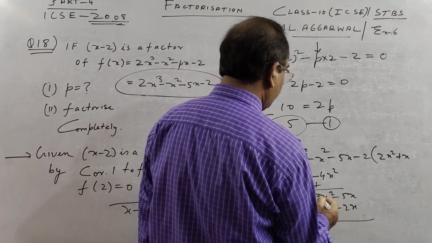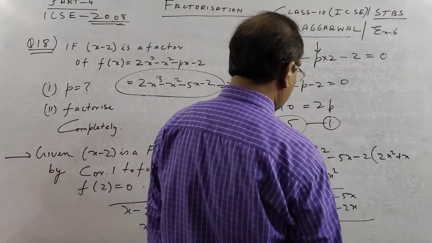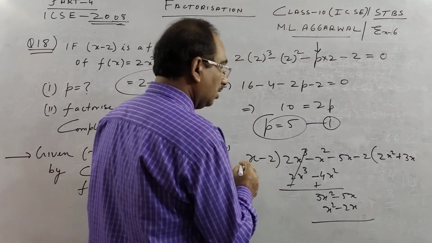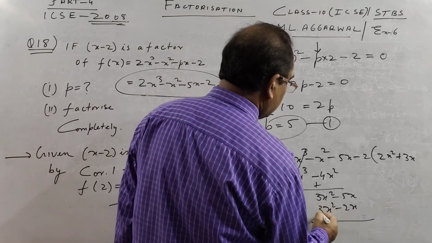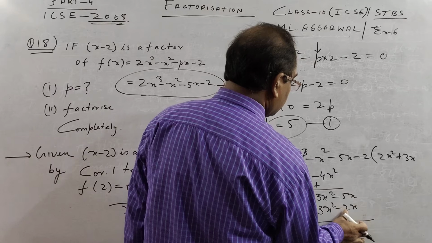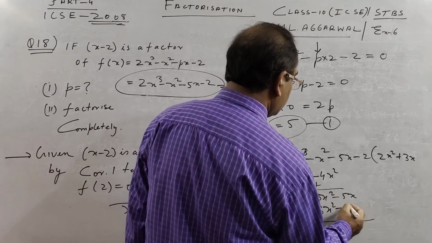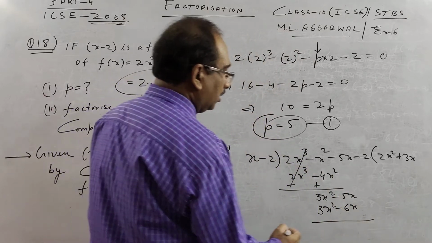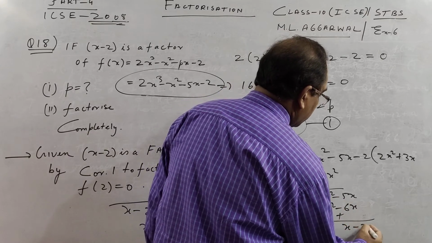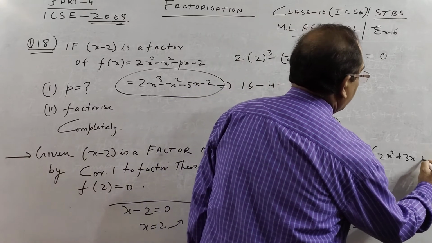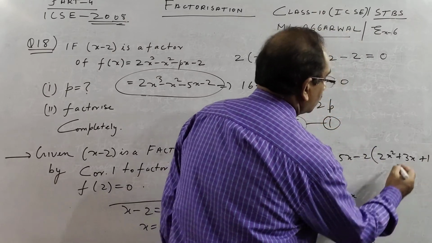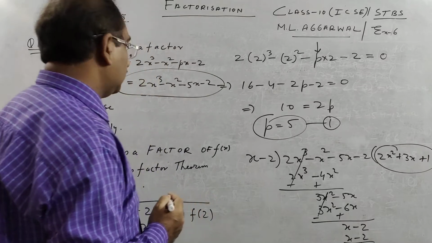So this will give me 3x square. So 3x square means I have to multiply this with 3x. You multiply x, then you get 3x square. And 3 times minus 2 is minus 6. So now when you subtract, children, this will cancel, we get x minus 2. So you divide one more time, you get x minus 2.